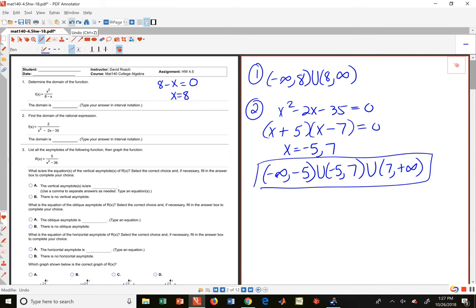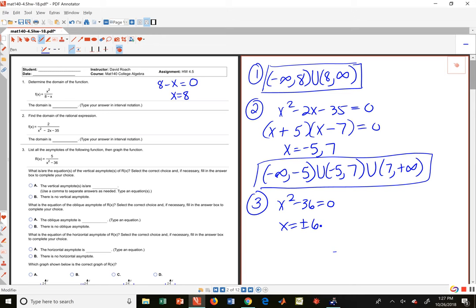Now, the domain of a function is related to the asymptotes of a function, where you have these undefined spots that produce an asymptote. On number 3, the first thing we do is look for the asymptotes. Just like 1 and 2, we set the denominator equal to 0 and solve, and you get x equals plus or minus 6.